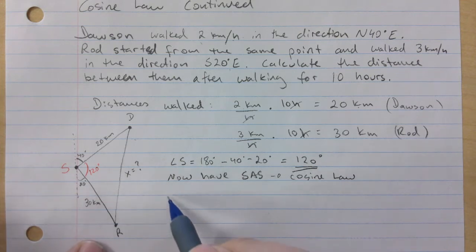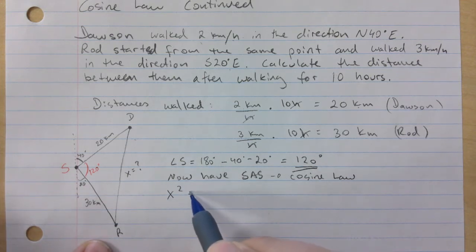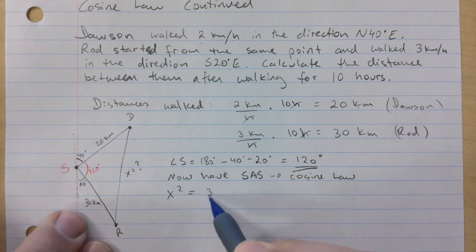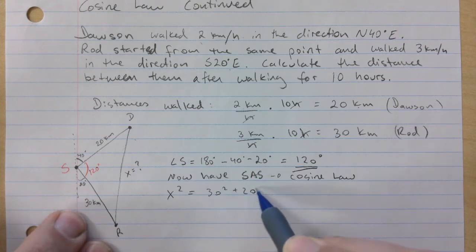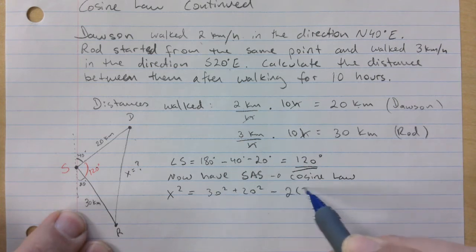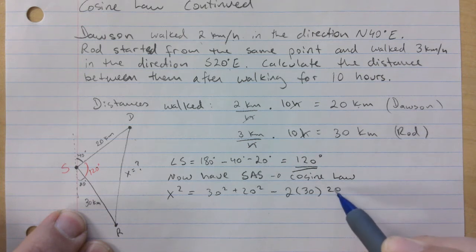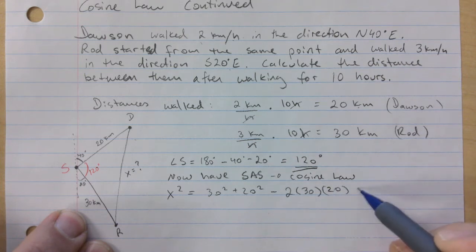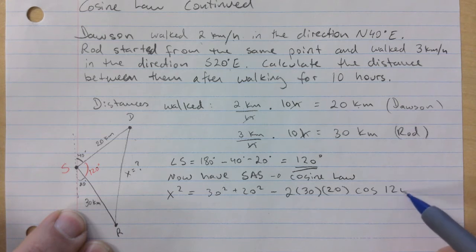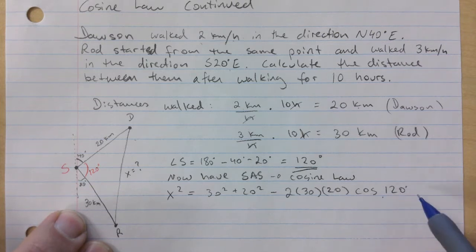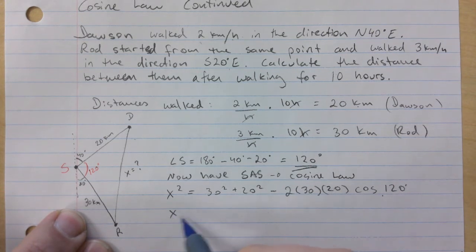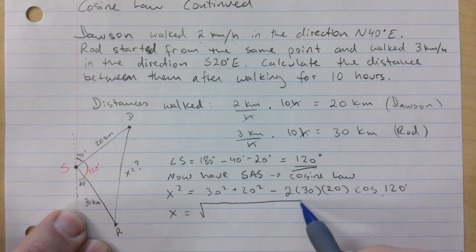So if you wanted to find x, right, x squared is equal to 30 squared plus 20 squared minus 2 times 30 times 20 times cosine of 120. And remember, cosine of an obtuse angle will be negative. So if you're doing this in steps, you gotta watch out for that. So x will be the square root of whatever I get by typing that all in.